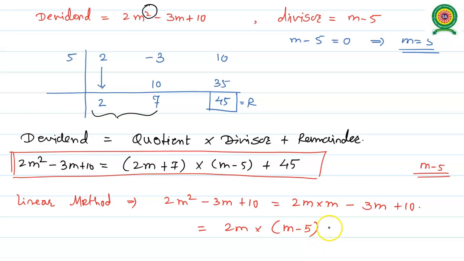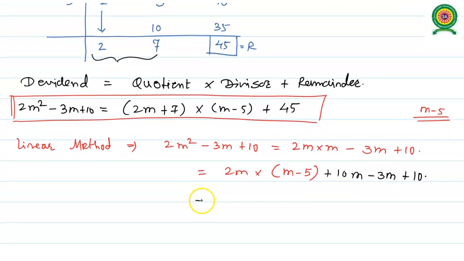To cancel out the −10m, we have to add 10m, and −3m + 10 as it is. Now look ahead. We have 2m into (m − 5), and 10m − 3m gives 7m + 10.